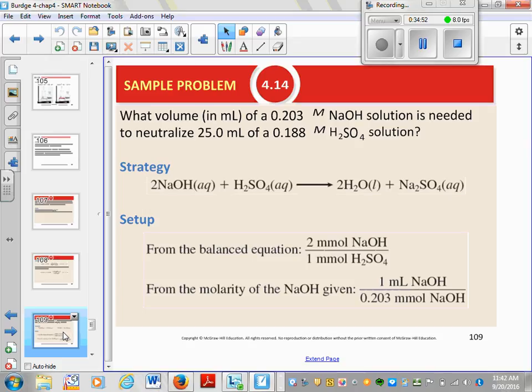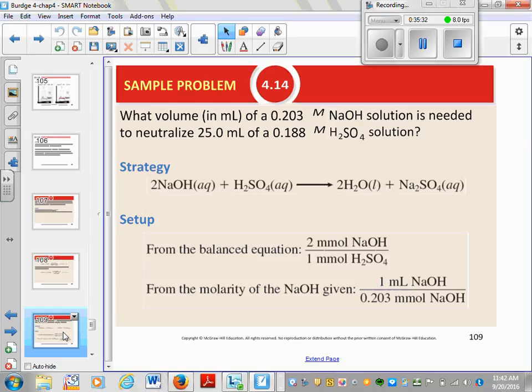How many H pluses am I going to have for the H2SO4? 2, right? Remember what we did before with the aluminum chloride? So its molarity in terms of H plus is going to be 2 times that, 0.376. What's the volume? You can leave it in milliliters, 25 milliliters. This could also be milliliters as long as it's the same.